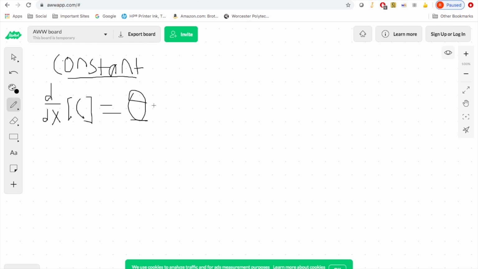And then let's talk about addition. Addition is also very simple. The derivative of, and this is also the same as subtraction. So let's tackle them both at once here.